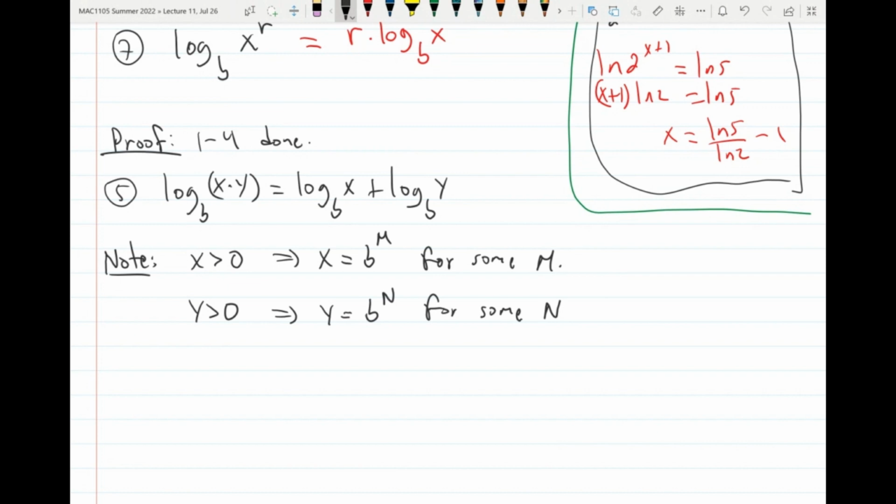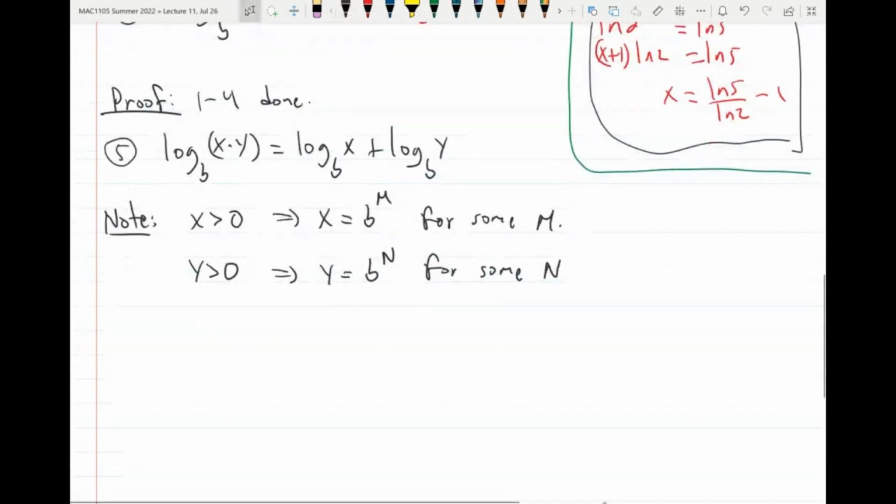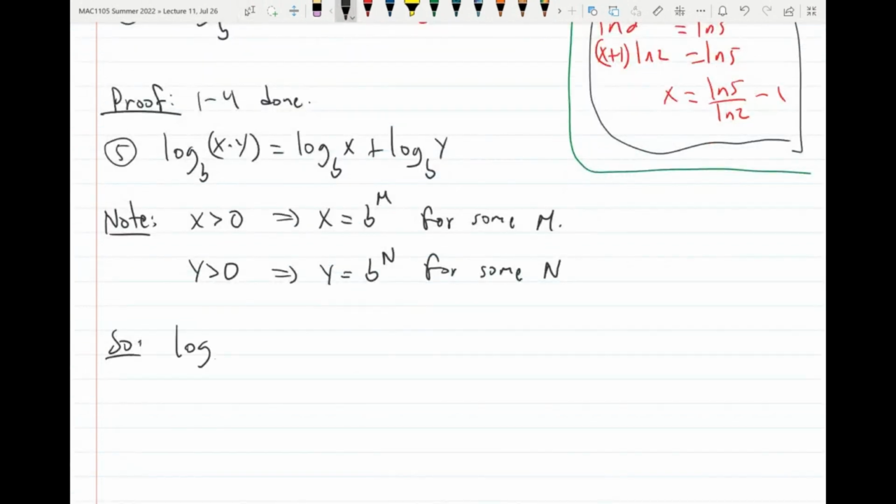So now let's compute this. With this understanding, log base b of x times y is equal to log base b of b to the m times b to the n, right? Because remember, x is b to the m and y is b to the n, for some m and n.